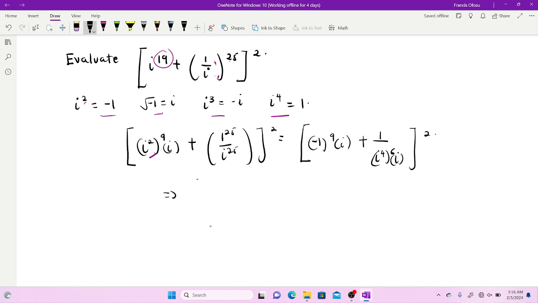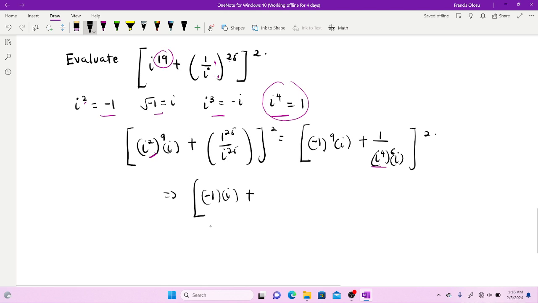So at this point, we know that this whole expression here is 1: -1 to the power 9, 9 is an odd number, so you get -1. So we are going to have -1 multiplying this i here, plus, we know that i to the power 4 is 1 from this side, so you just replace it here.